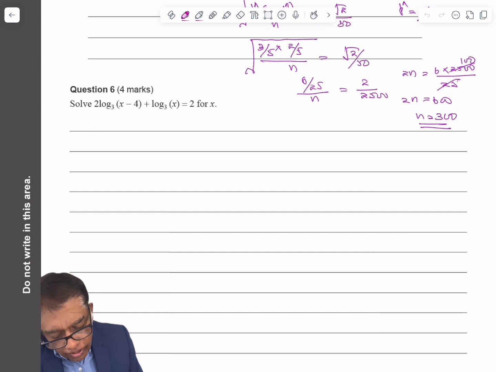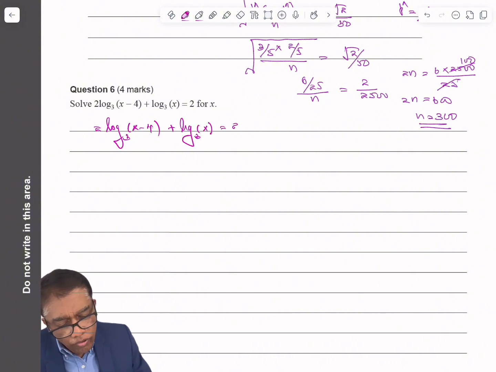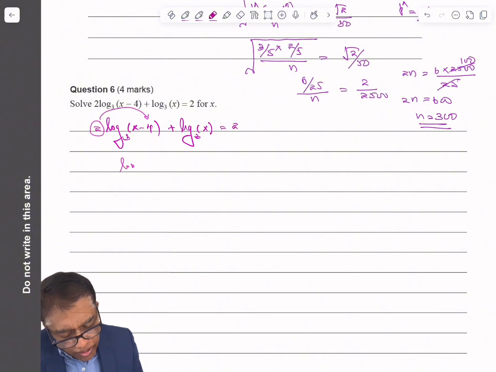Actually, it is given 2 log base 3 of (x minus 4) plus log base 3 of x is equal to 2. However, you can take 2 as a power of the inside: log base 3 of (x minus 4) to the power of 2 plus log base 3 of x is equal to 2.